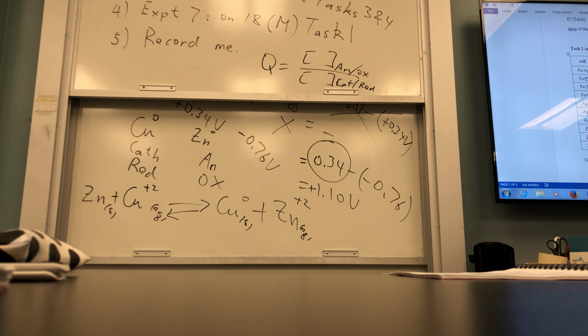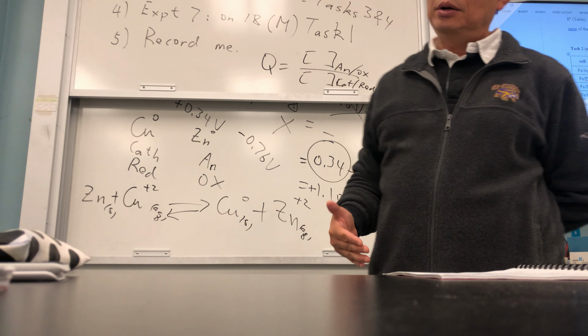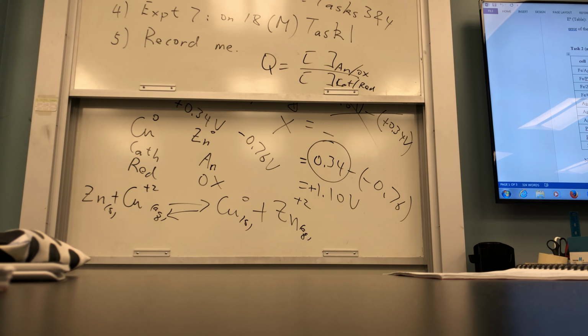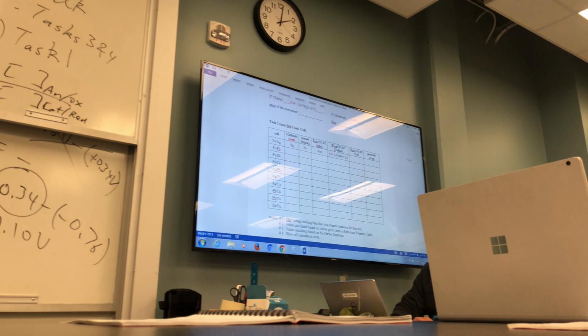So error is always the difference between your observation and what is supposed to be. That would be the error. Okay? So I can help you this much, and then follow on with task 3 and 4.